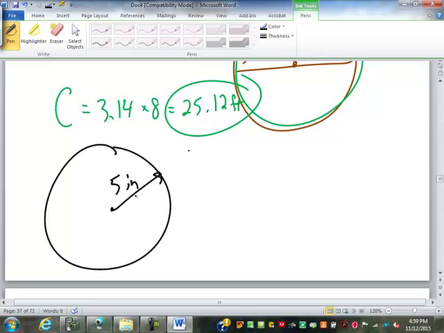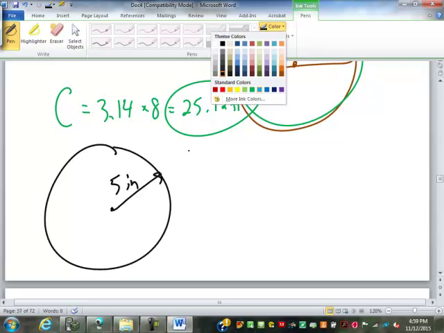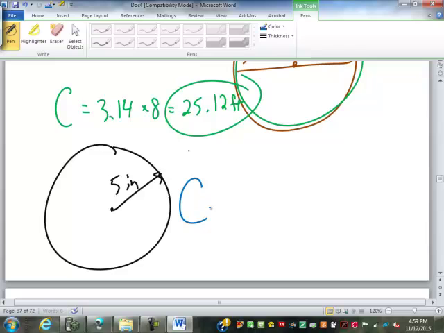In your notes, find the circumference of that circle. The circumference is going to be 3.14 times what? 10.